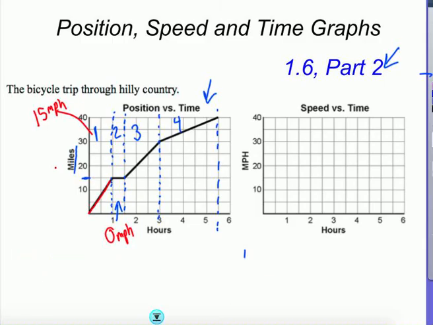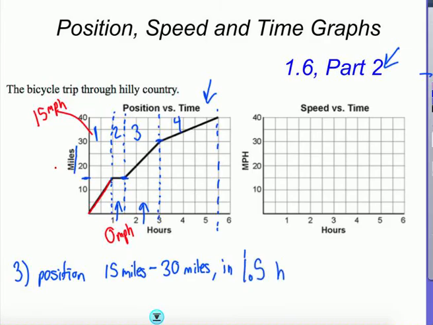Now let's look at section 3, this one right here. In section 3, his position changes from 15 miles to 30 miles, from 1.5 hours to 3 hours. So in 1.5 hours, we can calculate his speed in that section as 30 minus 15.